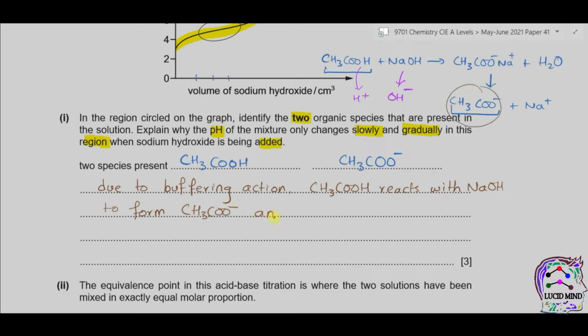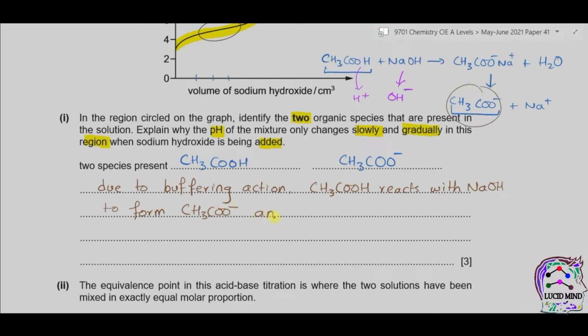You can show the equilibrium with an equation. CH3COOH dissociates to form CH3COO negative along with H positive, and OH negative from sodium hydroxide reacts with this to form H2O.